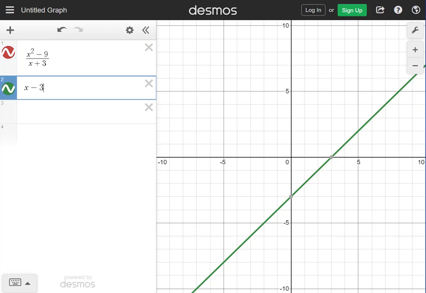But when we take a look at this green graph, which is just x minus 3, algebraically simplified, it's the exact same graph, except for when we go to that spot, it gives me a value at -3, -6. The difference is that the red graph was undefined at -3, while the green graph has a value of -3, -6. So that's why the graphs aren't exactly the same. However, they're the same everywhere else, and they lead to the same spots.